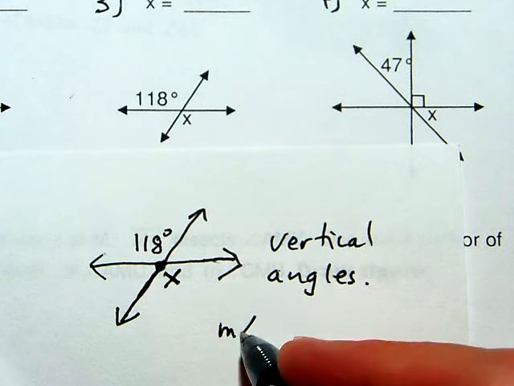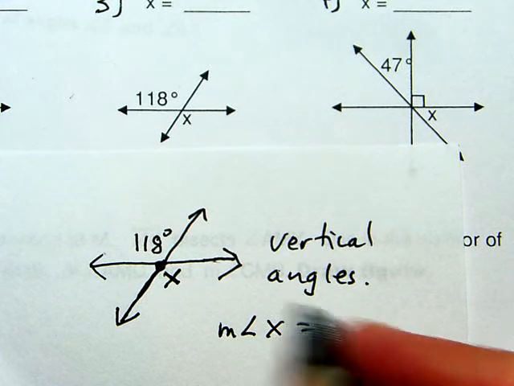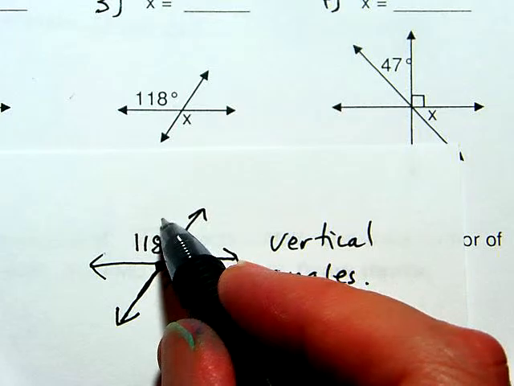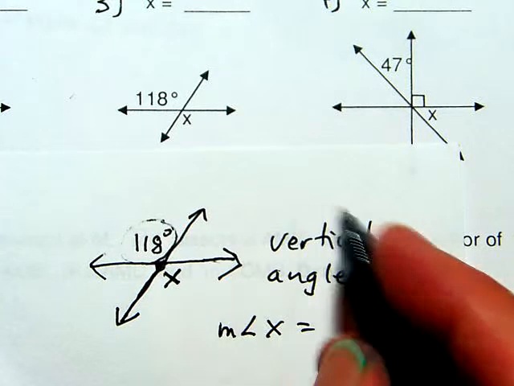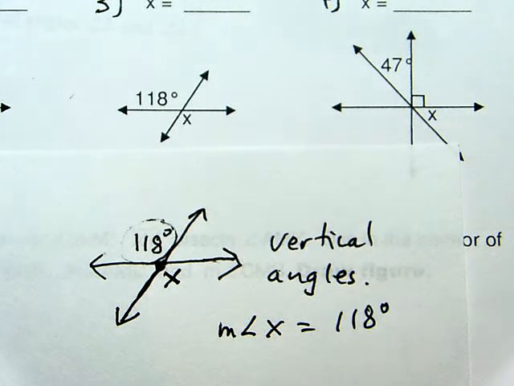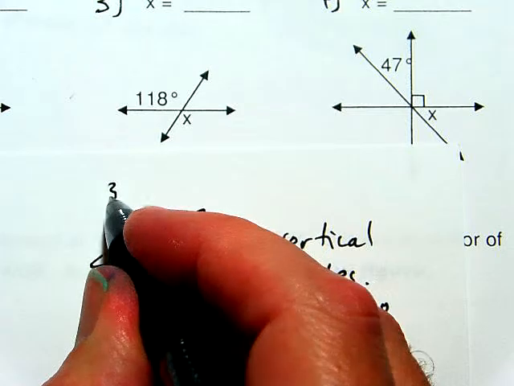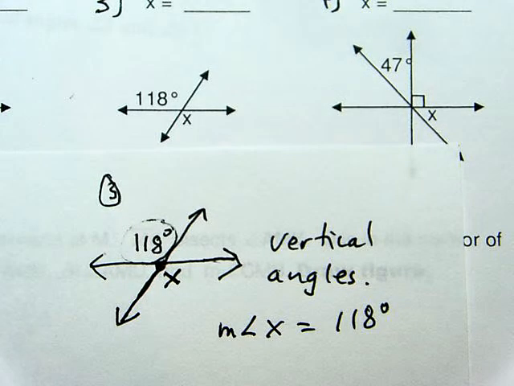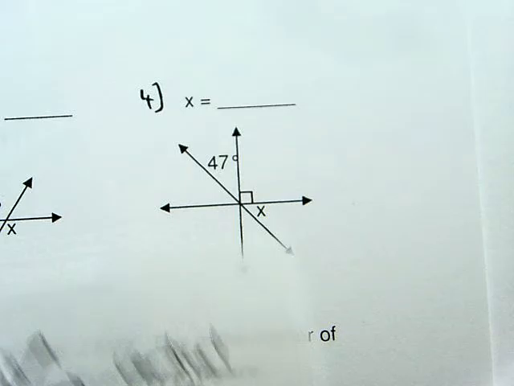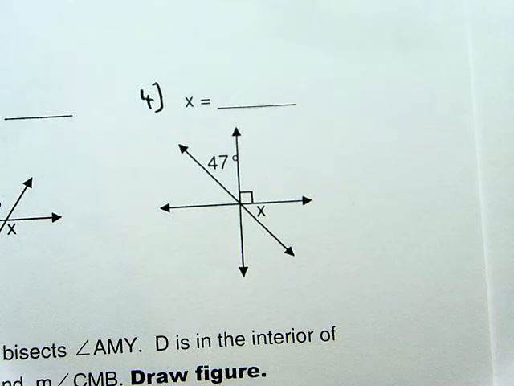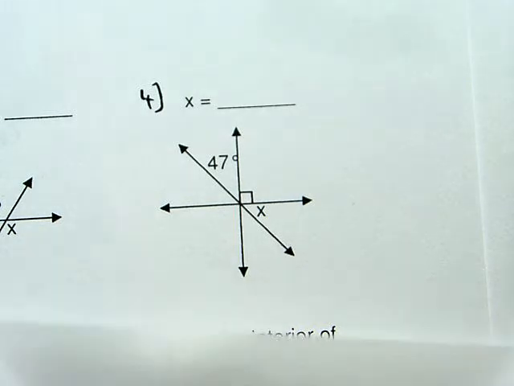So the measure of angle x is equal to the measure of the vertical angle that's in its pair of vertical angles, which is 118 degrees. So we're done. So the answer to number 3 is the measure of angle x is equal to 118 degrees.